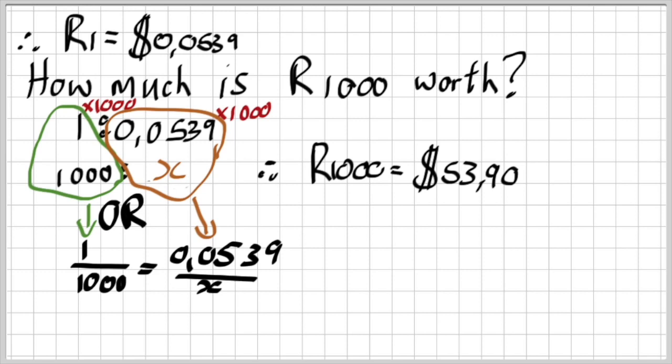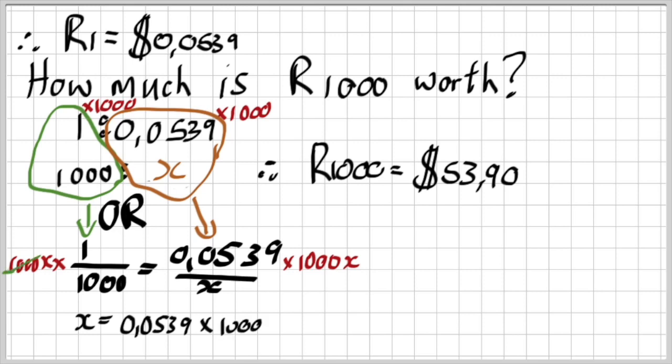And there, ladies and gents, I've set up an equation, which I need to now solve. I'm going to multiply straight through by 1,000x. And on the left-hand side, I've then only got x because the 1,000s cancel out. And on the right-hand side, my x's cancel out, leaving me with exactly the sum which we sat with earlier, that x is 53.90.